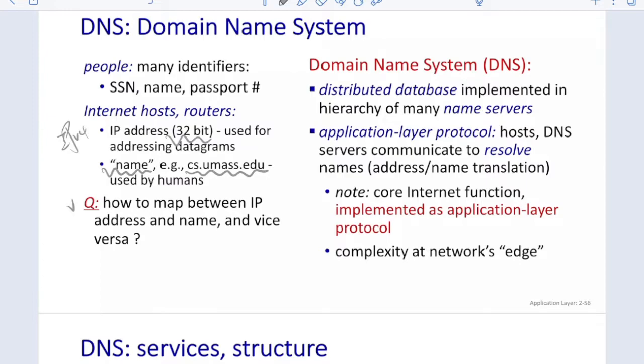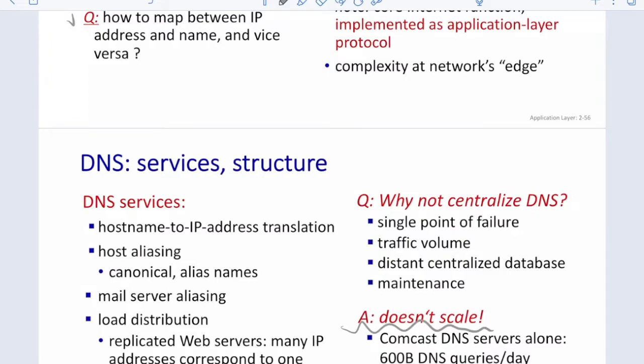Of course, you can set up one single database server that stores all the mapped IP addresses and their names, with nearly 4 billion entries to record all the corresponding IPs and names, right? But that is not what we use, because it is not scalable, right?